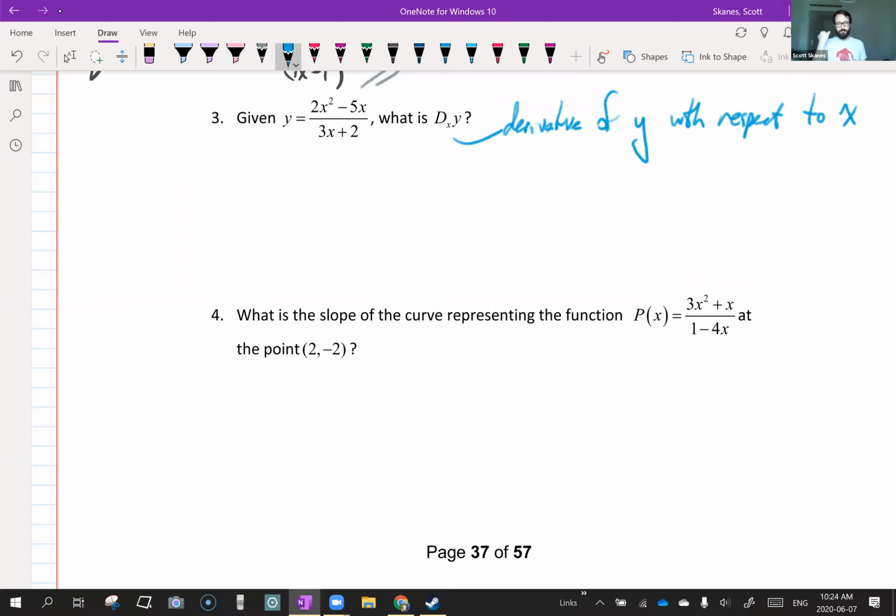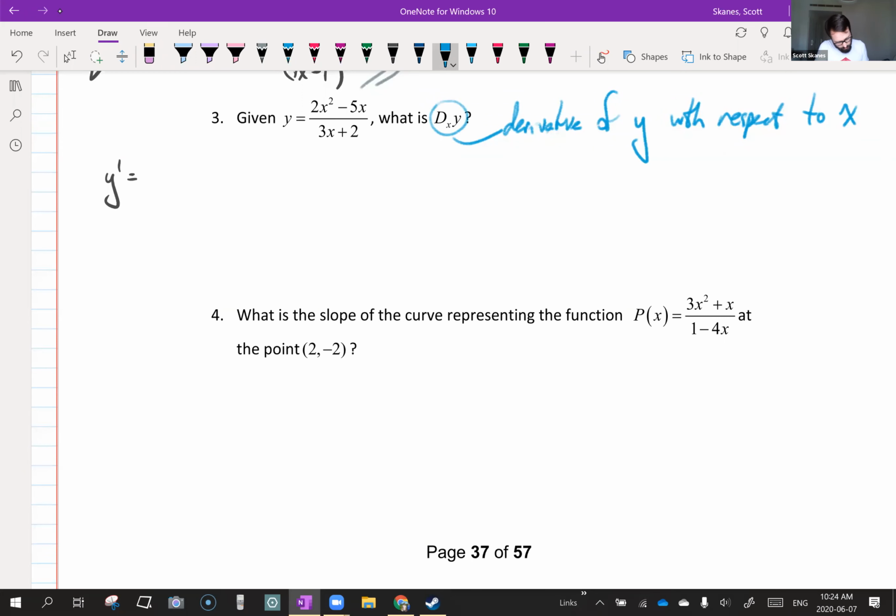What that means is that if we have the function y, we're getting the derivative of that, and x is the variable that we're going to be doing all our rules on. So it's the same thing as we've been doing. It means it's a function of x. I just wanted to make sure that you understood that that means the same thing. So all it means is get the derivative.